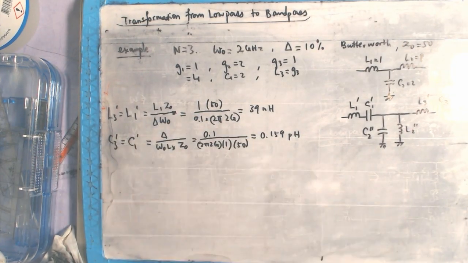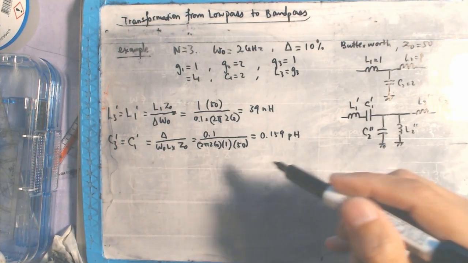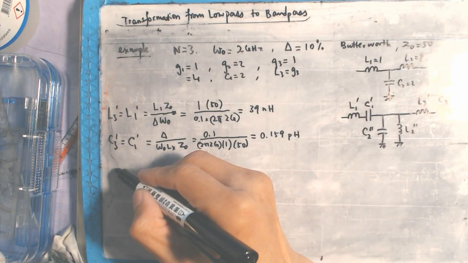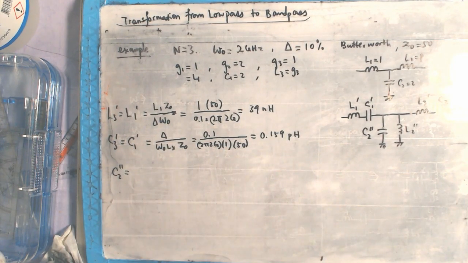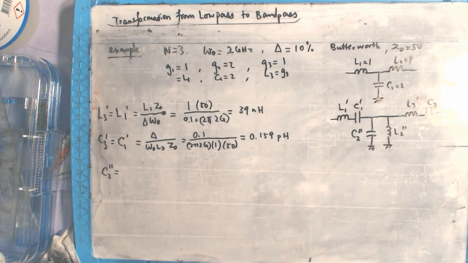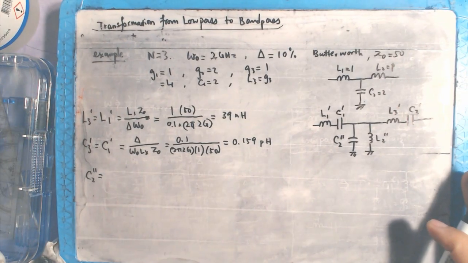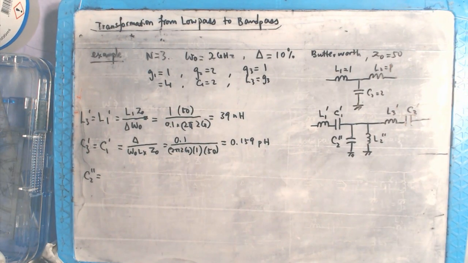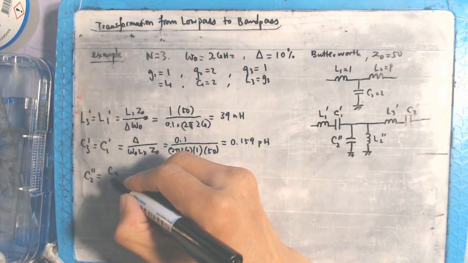And C2 double prime and L2 double prime, I'm going to calculate this. According to the formula, it is equal to C2 divided by delta omega naught.